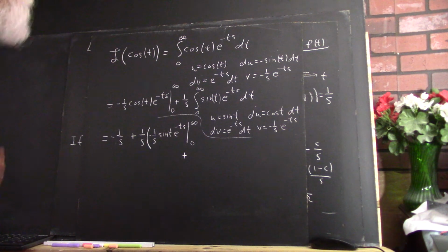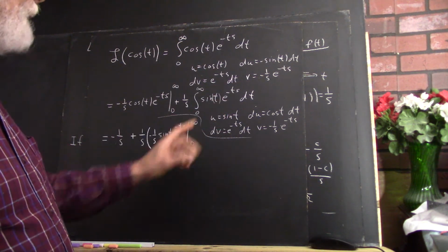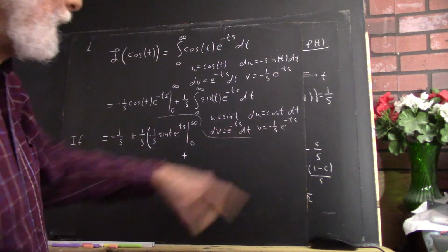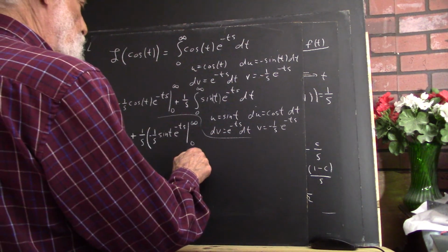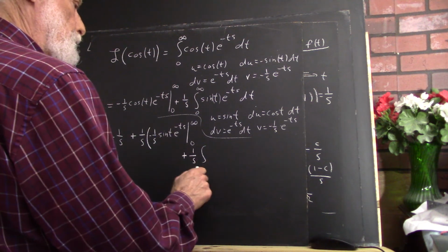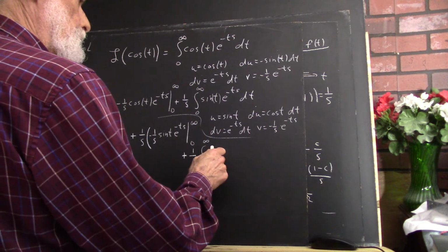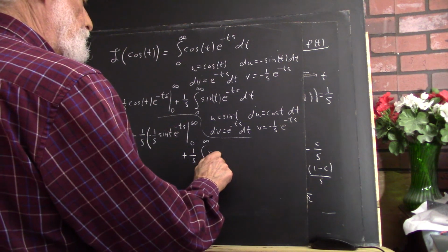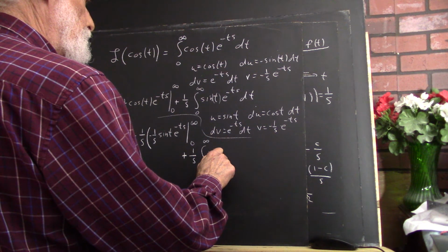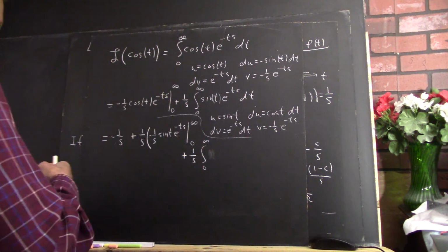Then it's going to be plus the uv, well, it's minus the v du, but you have a minus the 1 over s, so you're going to get a 1 over s again. It's going to be the integral from 0 to infinity of v du. It's going to give you cosine t, not sine t.